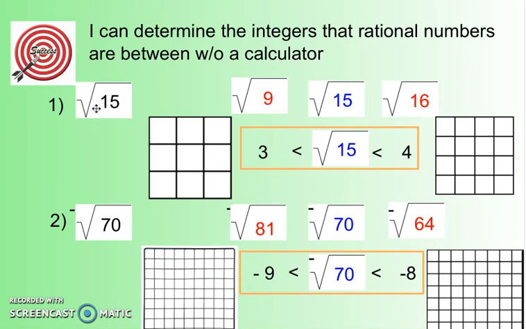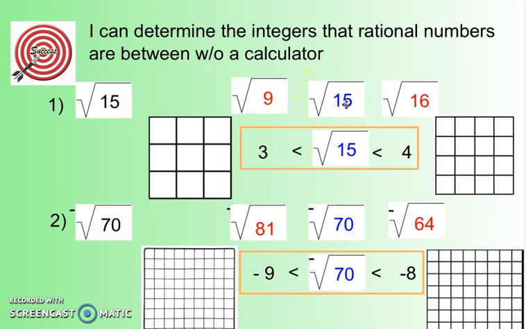Because I'm looking for integers, I'm trying to figure out what two square roots square root of 15 is between. So what I'm going to do is think of square roots that are before it and after it. So I noticed that this is square root of 15.